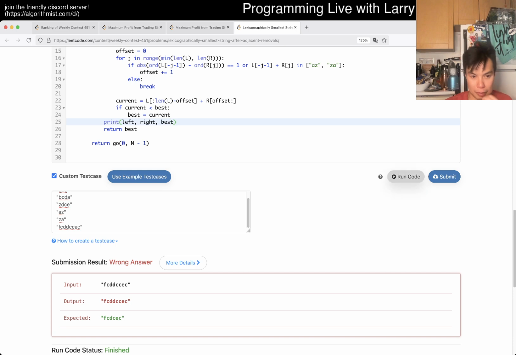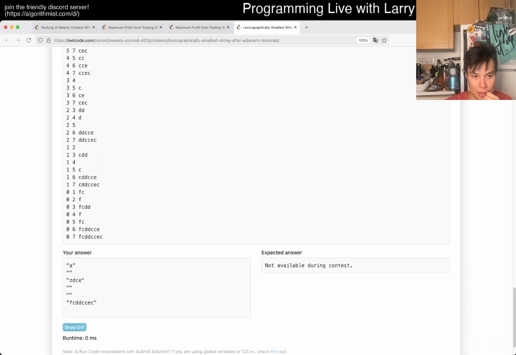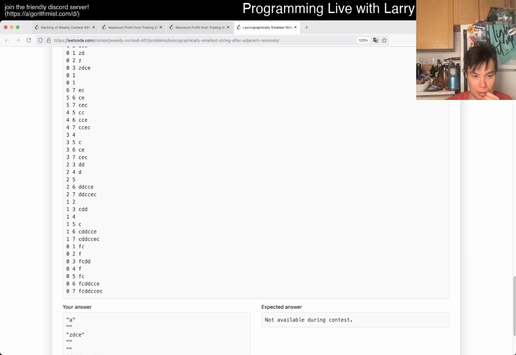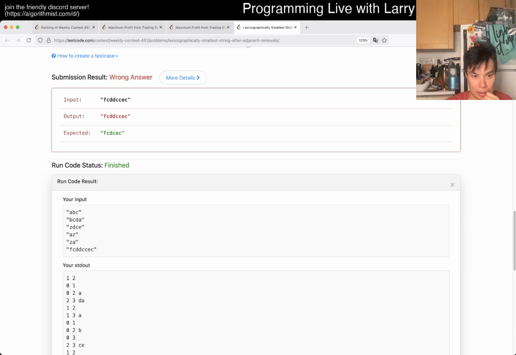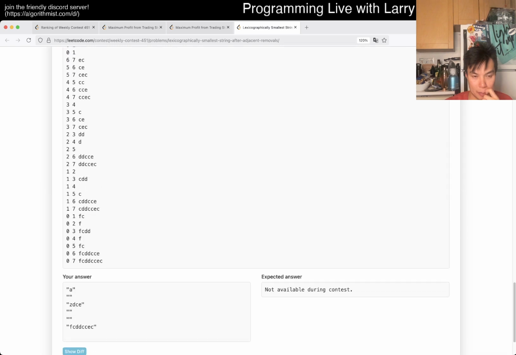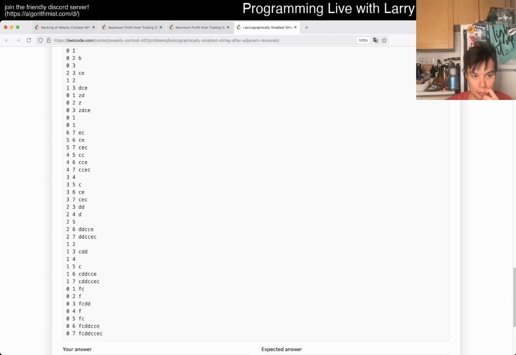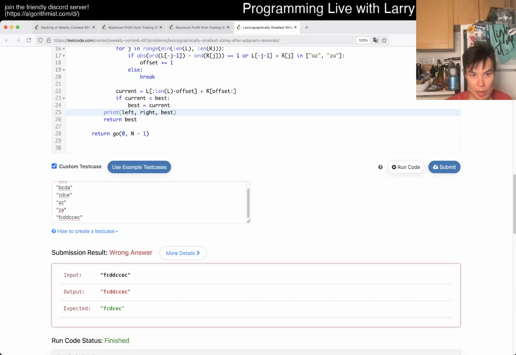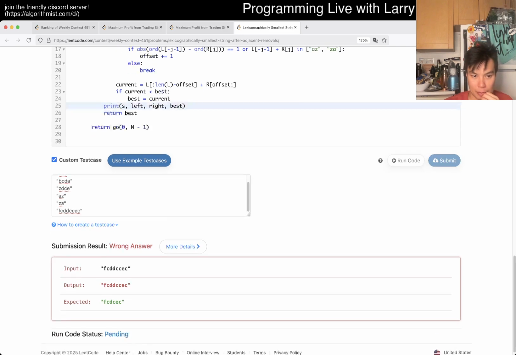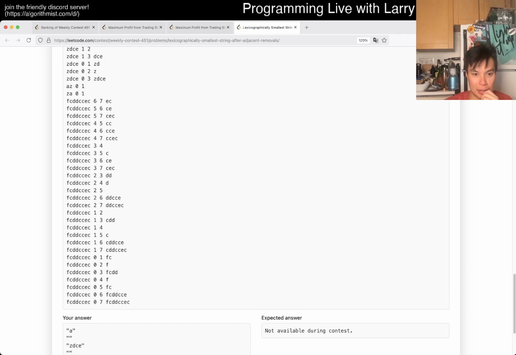Why is this wrong? Let's just print it. 07, okay. Do we ever even consider, what's it called? S. I'm debugging things that don't even matter, but okay.